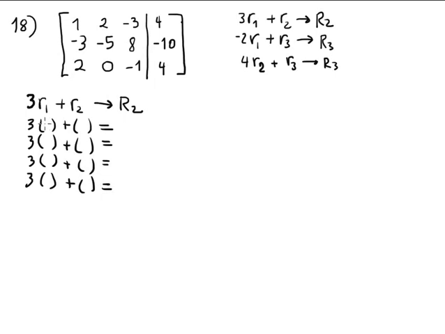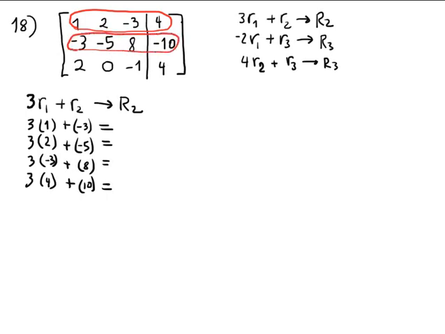Row 1 is 1, 2, negative 3, and 4. This is row 1. And row 2 is negative 3, negative 5, 8, and 10. This is row 2.